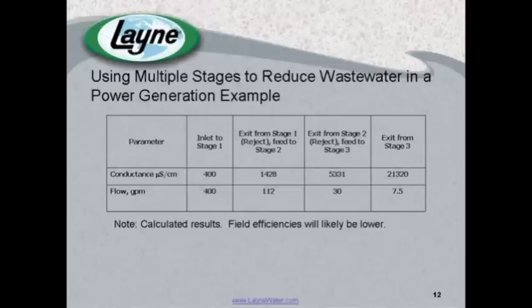But you can see that the conductance has increased from 400 all the way up to 21,320 microsiemens per centimeter, which is approaching that of brackish water, so a pretty concentrated stream.